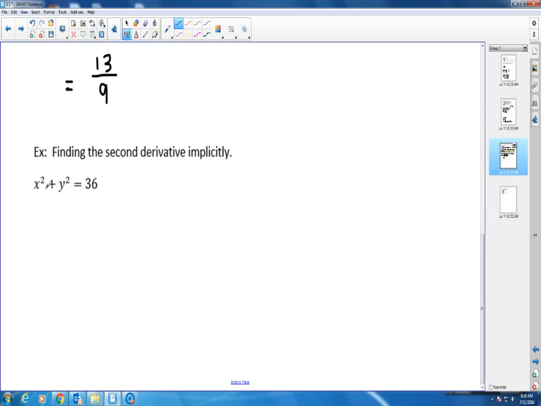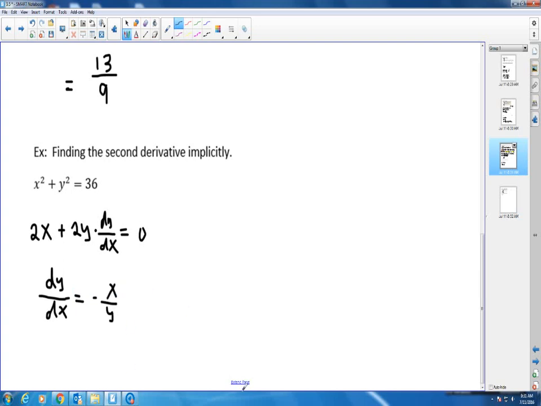If I want to take the derivative of x squared with respect to x, that would just be 2x, plus the derivative of y squared with respect to x, that would be the derivative of the outside times the derivative of the inside. So that would be 2y dy/dx. Alright, the derivative of 36 is 0. So move the 2x over and divide both sides by 2y to get my dy/dx by itself. That will just be negative x over y.